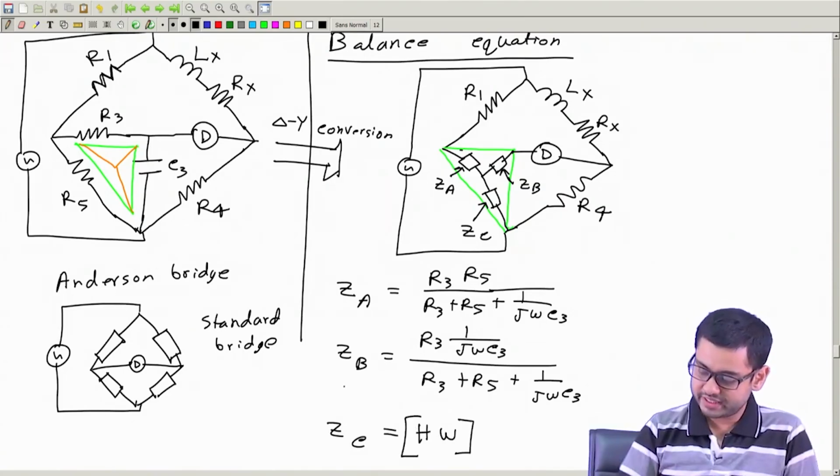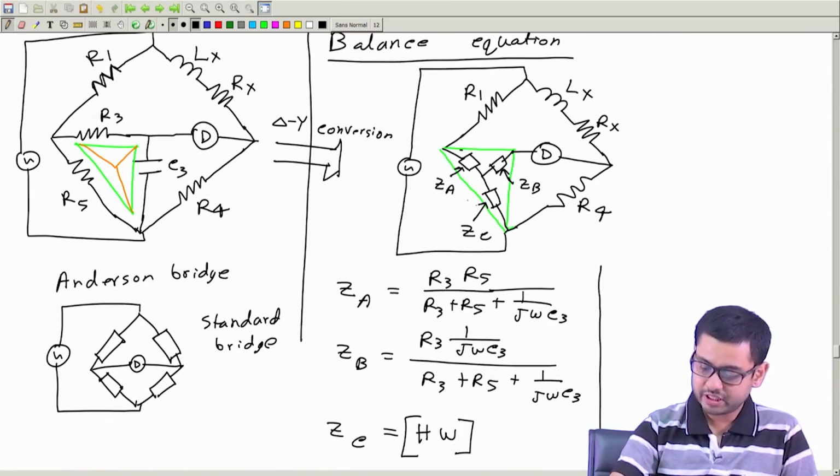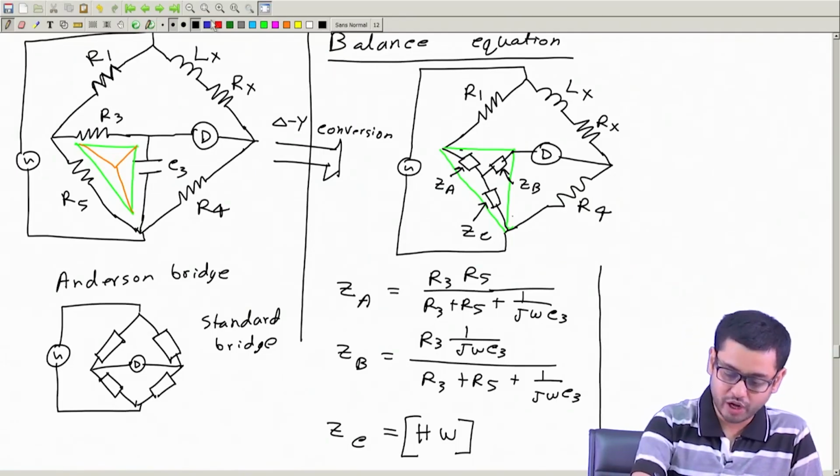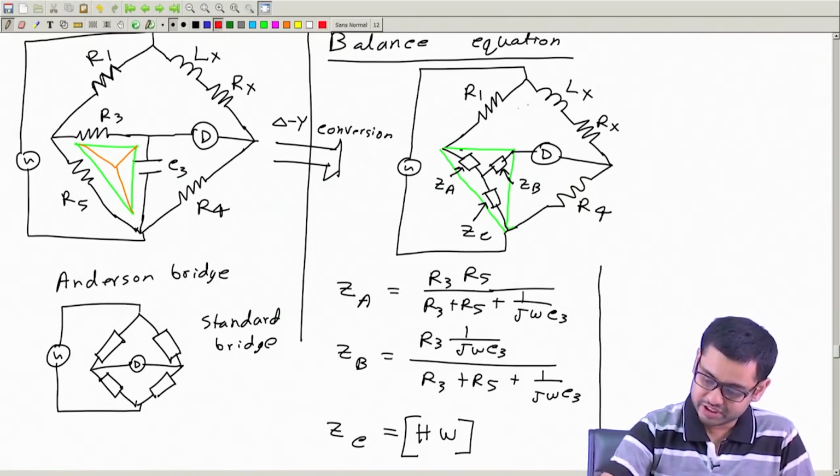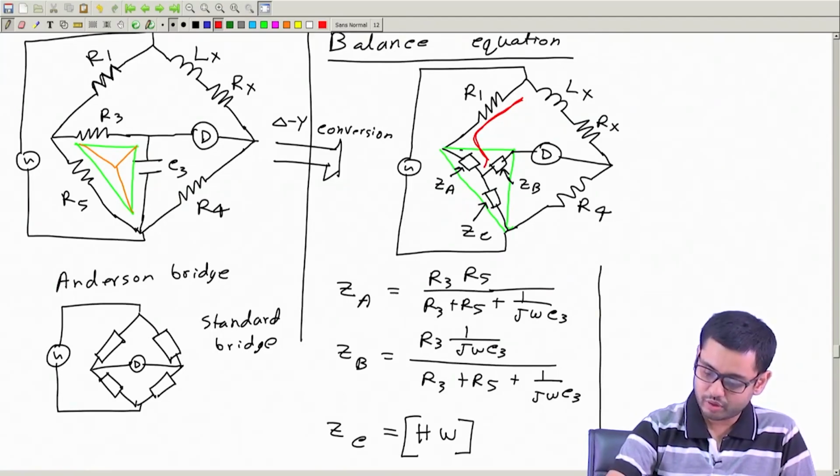Now, once you find ZA, ZB, ZC, this bridge looks like a four-arm bridge. Which are these four arms? This is one arm, from here to here.